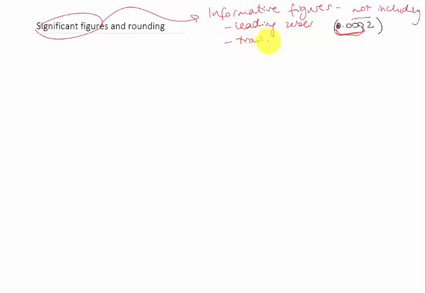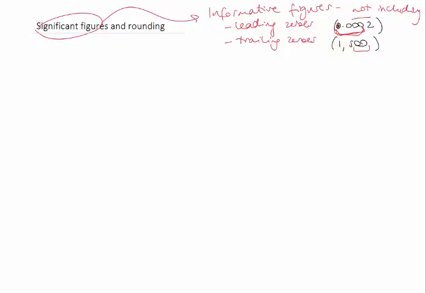Or trailing zeros. What do I mean by that? So if we got the number, I don't know, 1,500, then these zeros after the last non-zero number, we call those trailing zeros. So they don't count. So the significant figures in this number would be 1, and 5, and this would be 2 significant figures.